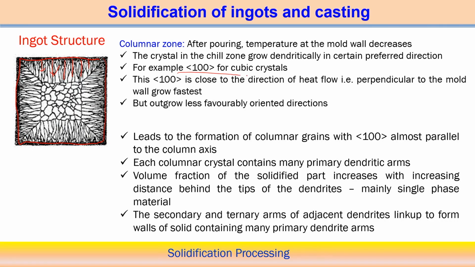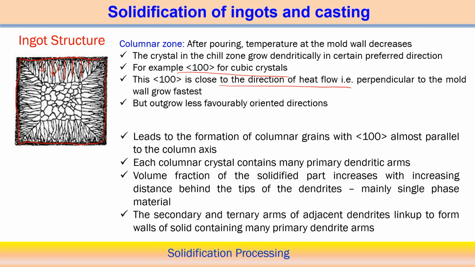Preferred direction means it depends on, for example, the type of crystal structure. For example, a cubic crystal usually grows in the <100> direction, which is the preferred direction of growth perpendicular to the wall. Therefore, it usually follows the direction of the heat flow, that means perpendicular to the mold wall, and in that direction it will grow very fast, and that is mostly the preferred <100> orientation for a cubic crystal structure.